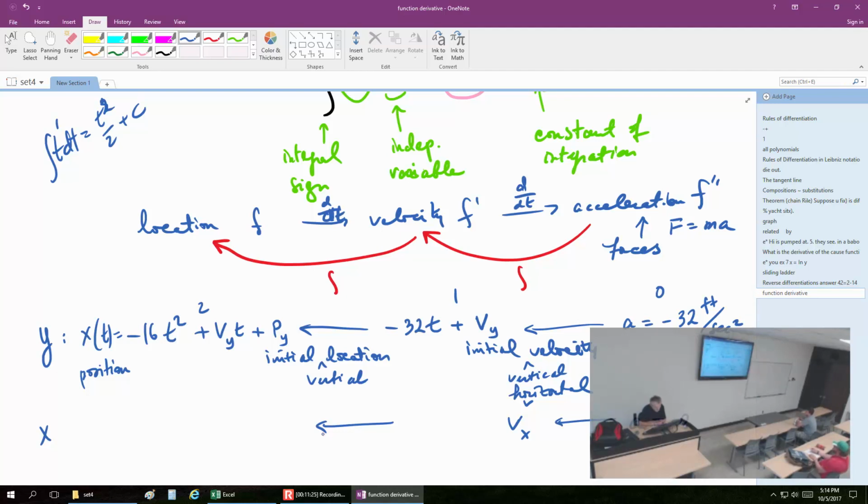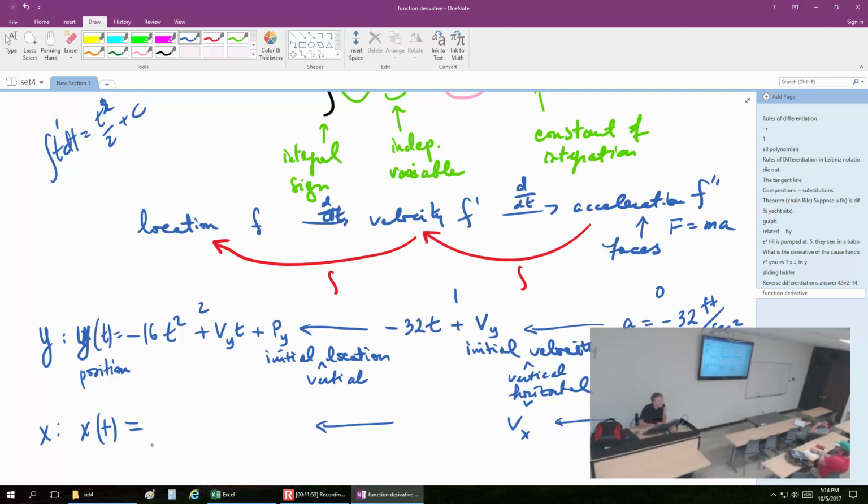Now integrate one more time to find our horizontal position as a function of time. So what do we get? Integrate a constant, what do we get? We just did it. How do we integrate a constant function?